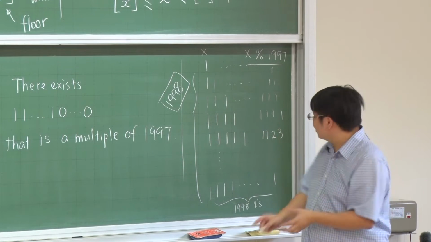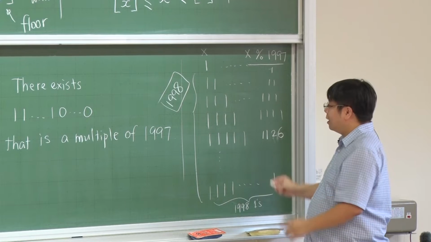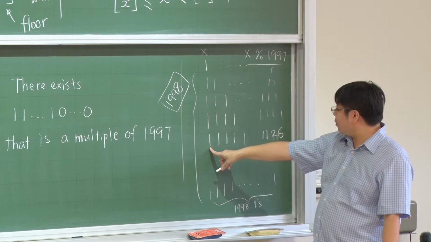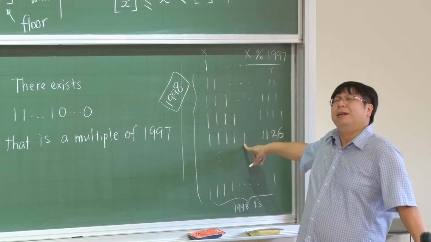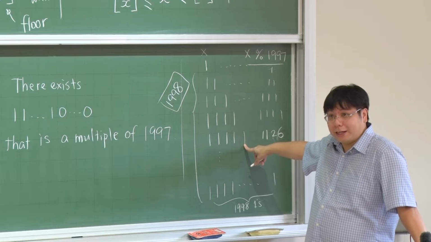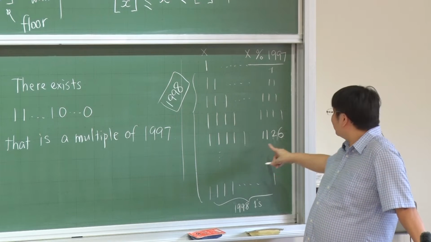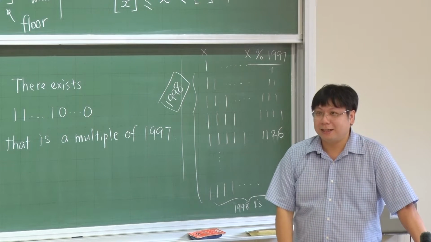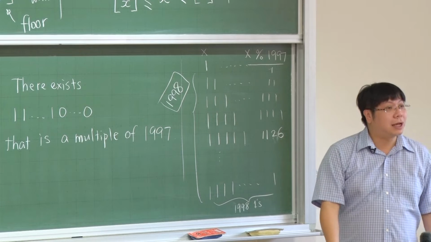So it's 15, 26. If I take 10000 and divide it by 1997, I will have a remainder of 15. And then this part I still haven't taken care of, so it becomes 1126. Something like this. So every one has a remainder if you divide it by 1997.